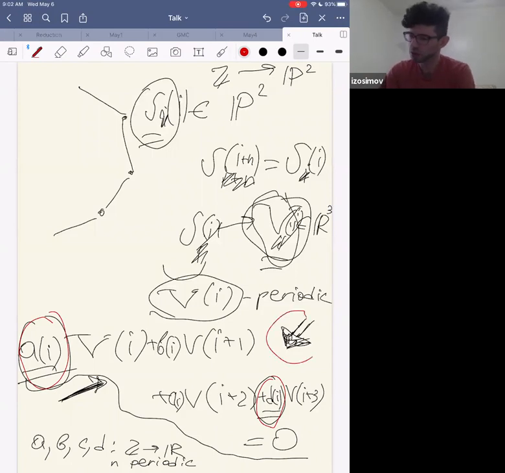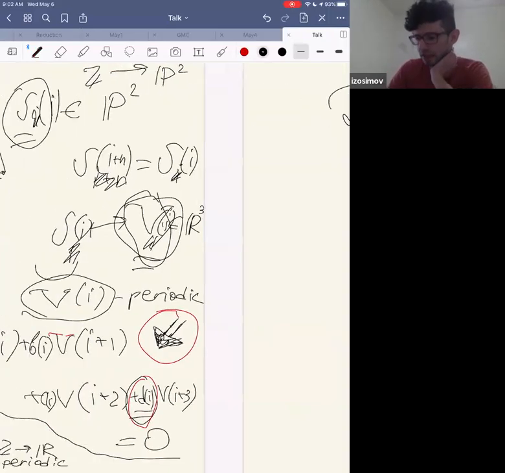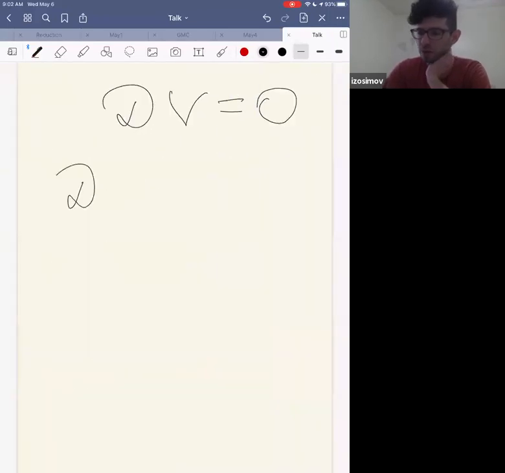So what I was going to say is that one can rewrite this equation here. What is written here is that a certain linear operator acting on the function v is equal to 0. So what is written is that dv is equal to 0. And this operator d is the following operator.